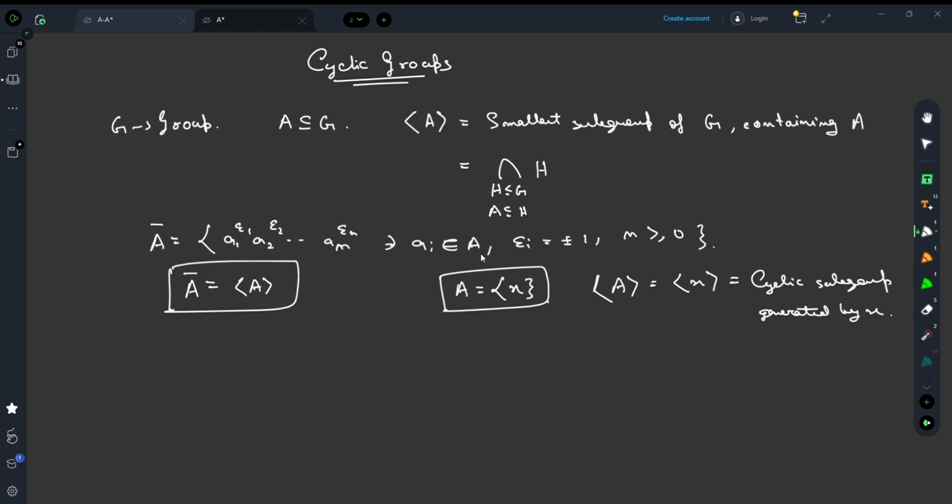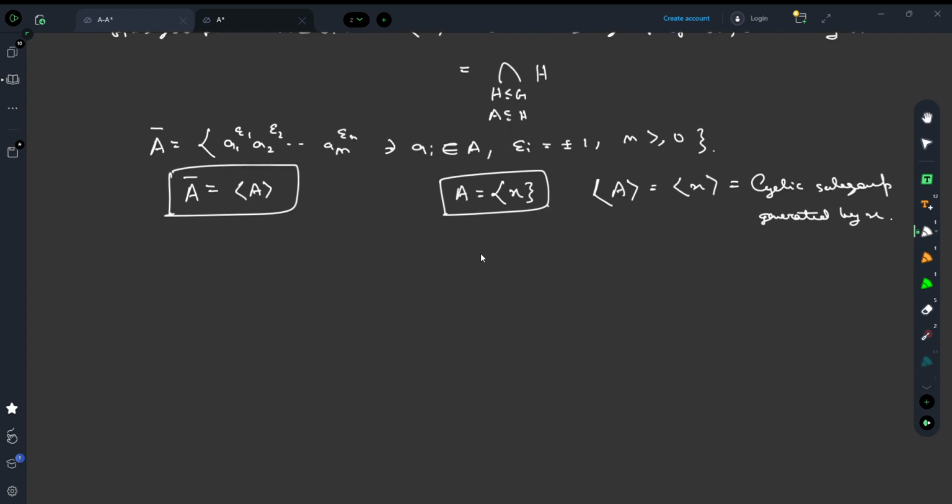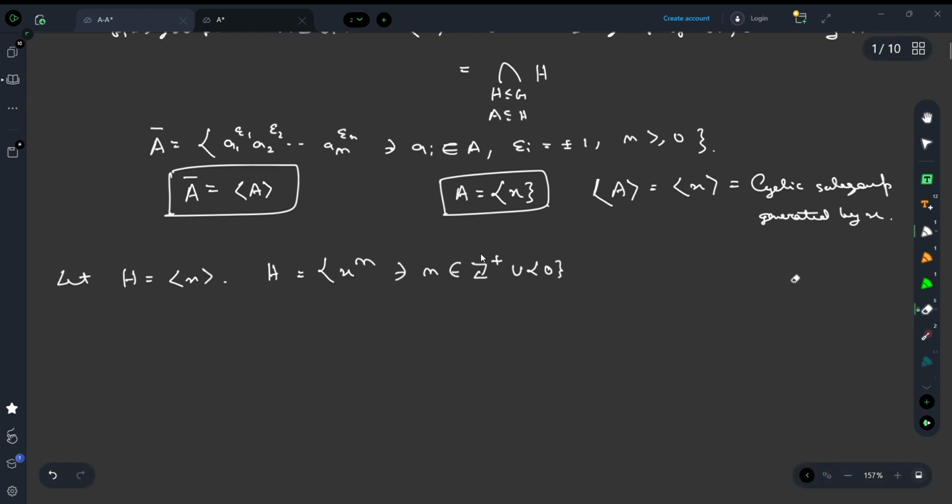Okay. So one obvious representation of a cyclic subgroup is that, let H be of this form. Then H will be the collection of all the elements which are powers of x, such that this n is a positive integer including 0. We don't actually need the inclusion of 0. We will be eventually coming to it.